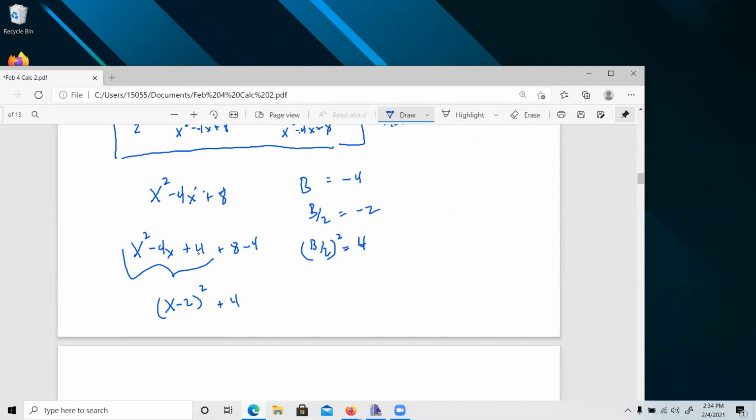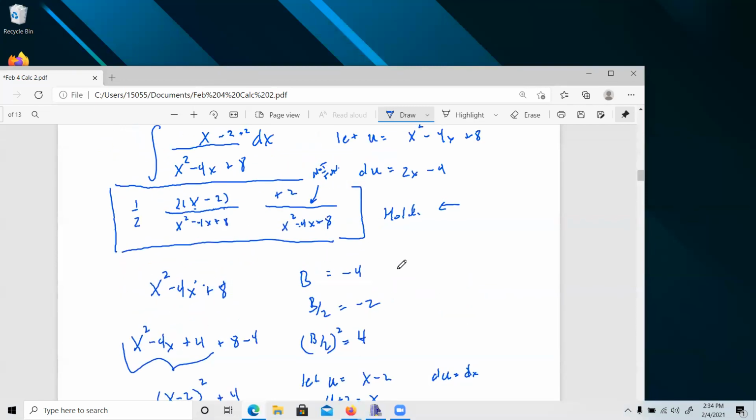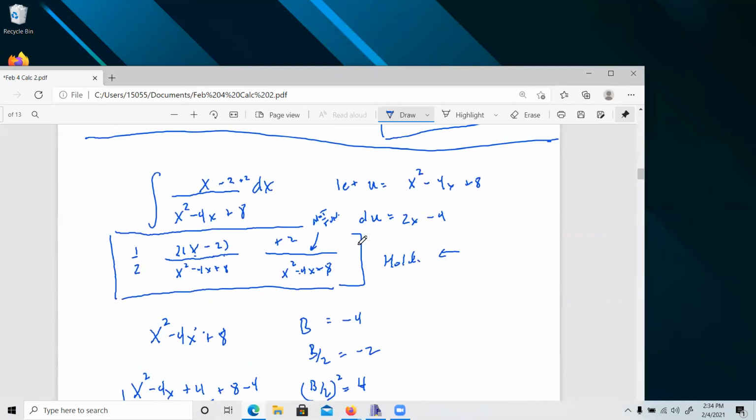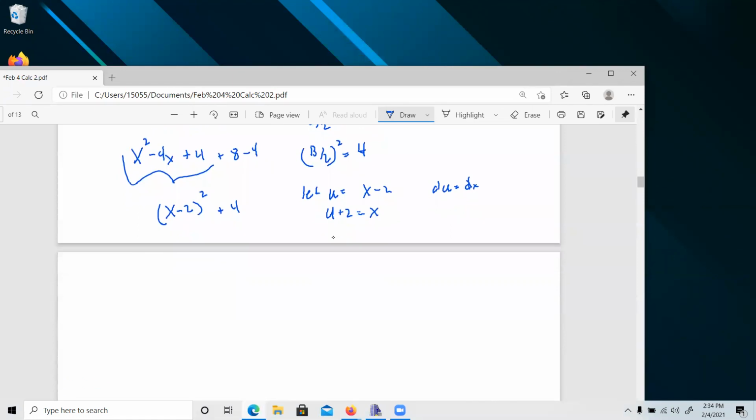So why don't we let u equal x minus 2. And while we're at it, why don't we say u plus 2 is equal to x? Why are you pulling that out now? What's my numerator? It's just x. That's why I pulled that out. So in the u world, we have u plus 2.